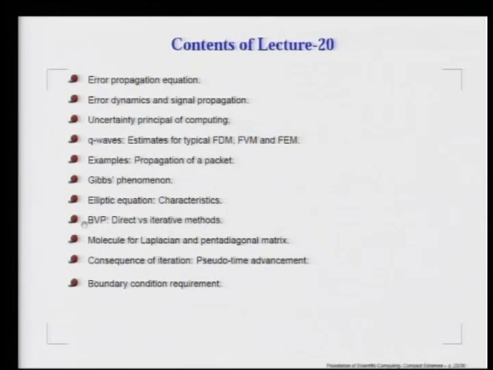Even in solving this boundary value problem, we have two alternatives. Either we solve it directly, that would involve inverting a very large dimensional matrix, which becomes prohibitive in most of the cases, and that is why we have to resort to the iterative methods.